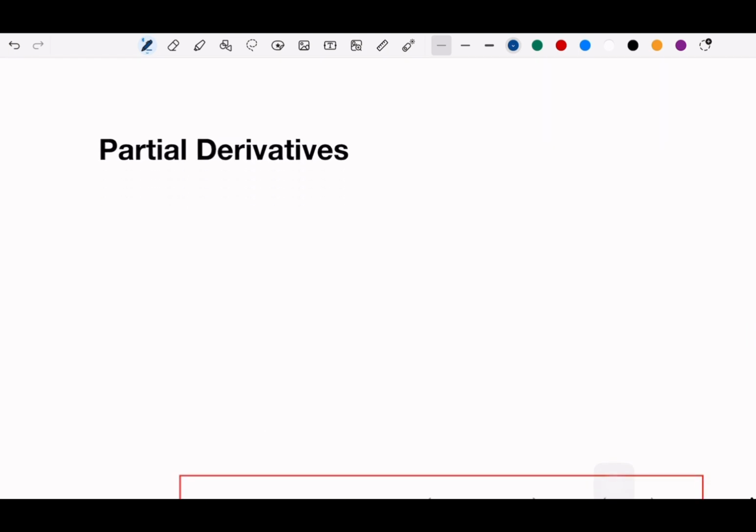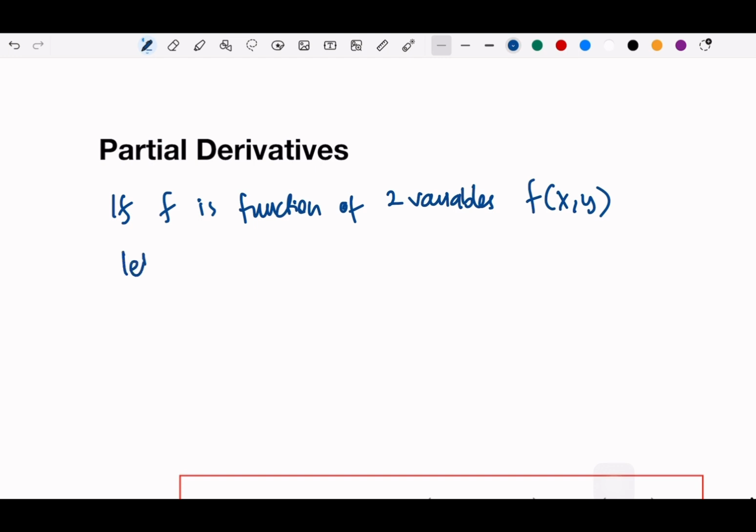If f is a function of two variables, let x vary and y fixed, then let's say we have a new function g, which is f(x, b).